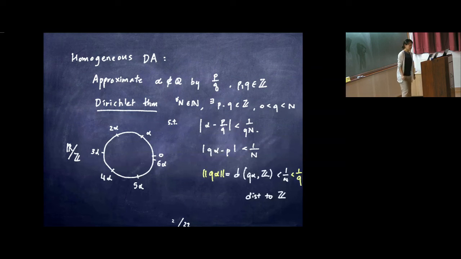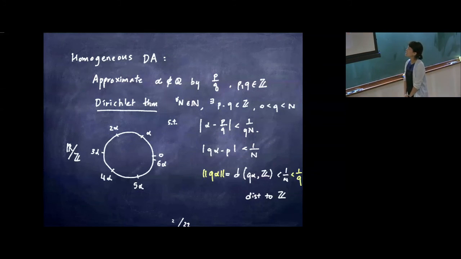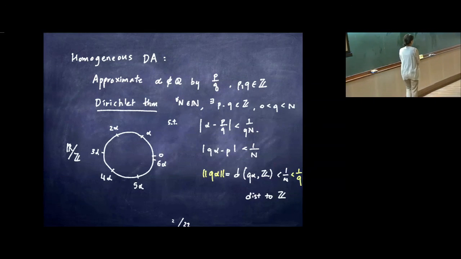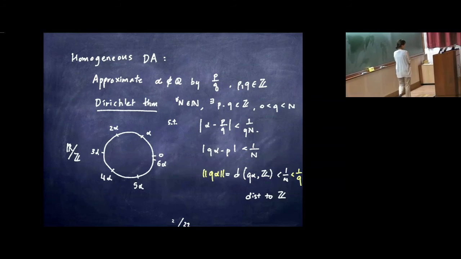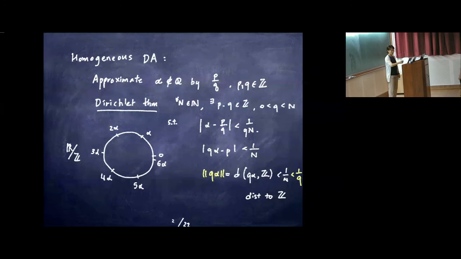Let me denote by this double bar the distance from the set of integers. So since we have such p, the distance of q alpha from the set of integers is bounded above by 1 over q. So this is what we do in homogeneous Diophantine approximation. But now I want to move on to inhomogeneous Diophantine approximation.